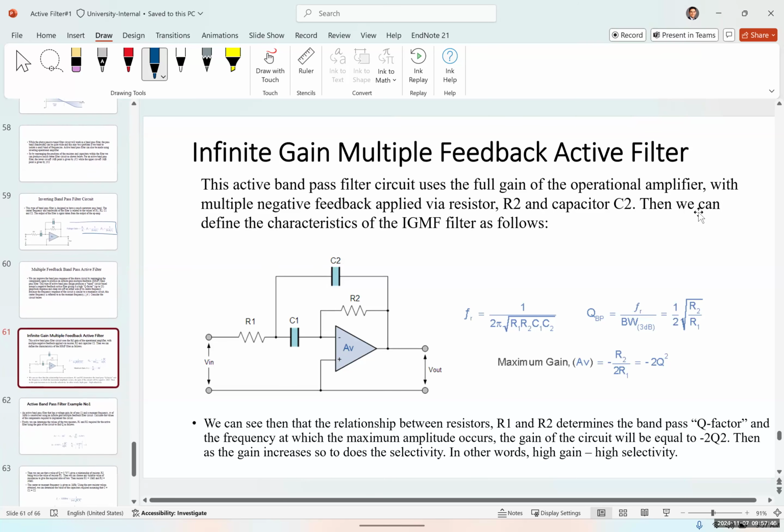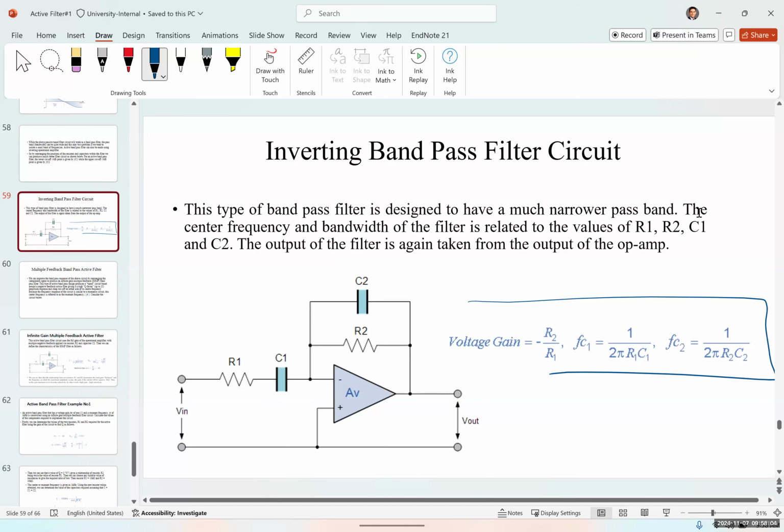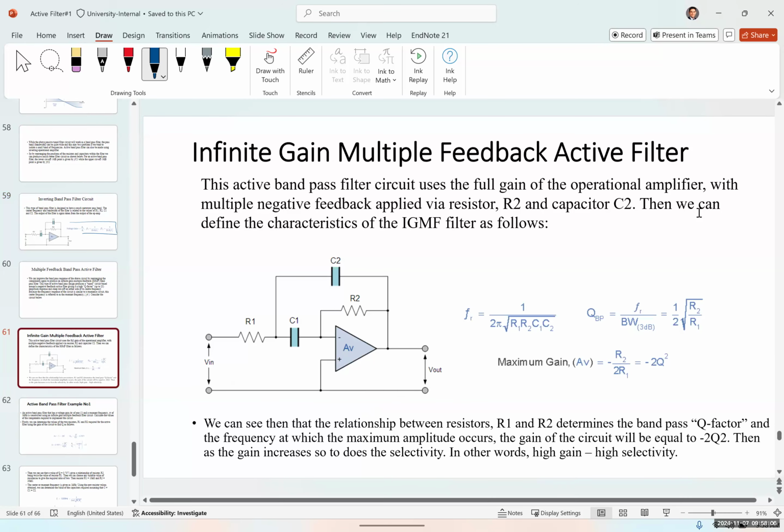So we can have multiple feedback active filters, or what we call the IGMF. In this particular case, C2 is connected before C1. In the previous one, we saw that C2 and R2 are in parallel. Now C2 is in parallel with R2 and C1.